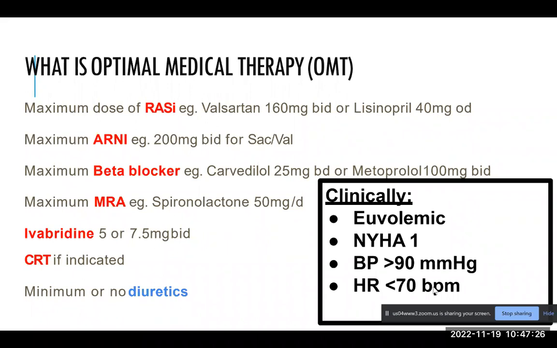Maximum mineralocorticoid antagonist is spironolactone 50 milligram daily, with ivabradine 5 or 7.5, CRT if indicated, and minimum or no diuretics. So your diuretics should be tailored to the clinical status. Generally, the patient should be euvolemic, NYHA class 1, systolic blood pressure of more than 90, and heart rate of less than 70.